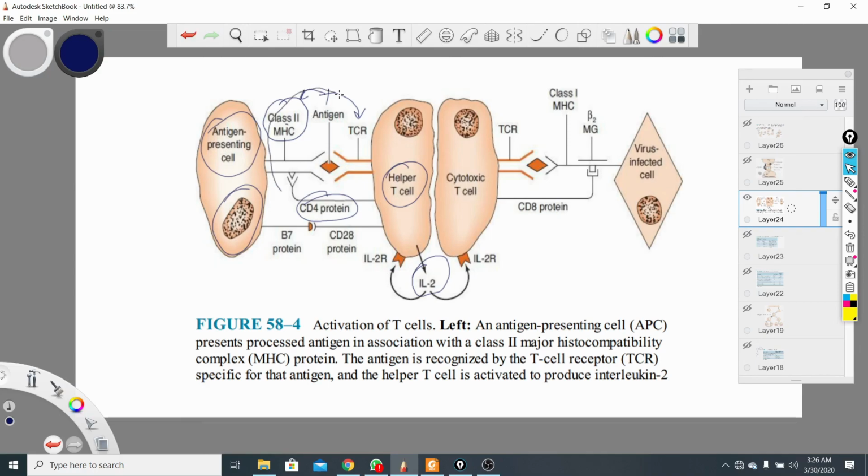All of these things are required so that helper T cells can initiate the overall response. On the other hand, if the virus infected cell is producing some flag on the surface, it is taken up by the class 1 MHC protein, for which the CD8 protein and TCR are also required, so that cytotoxic T cells come in the way for the immune response.